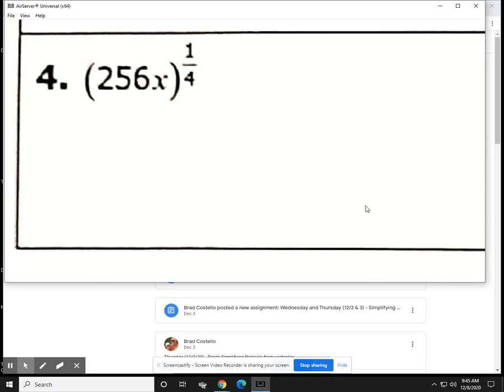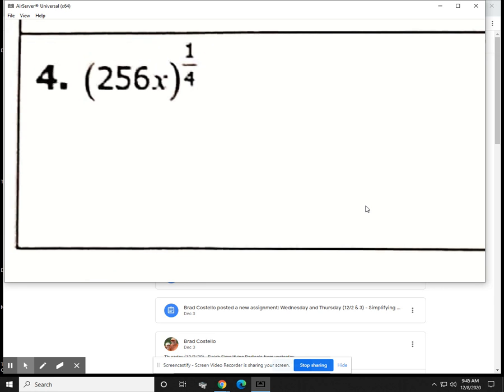Okay, so somebody asked about number 4. We're taking a rational exponent. How do you know it's a rational exponent? The exponent's a fraction, right? So we're rewriting it as a radical. What's the key? The denominator is my root.